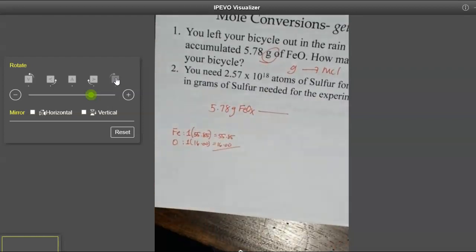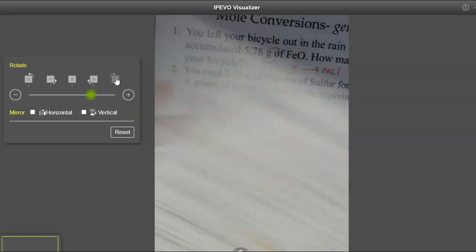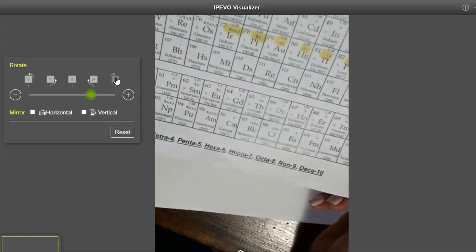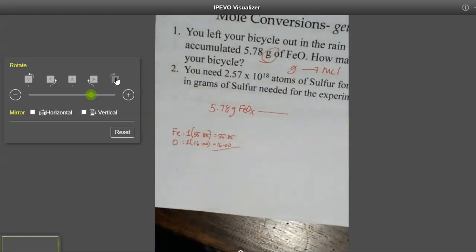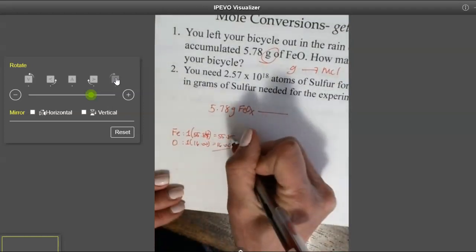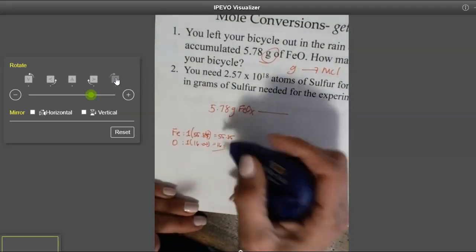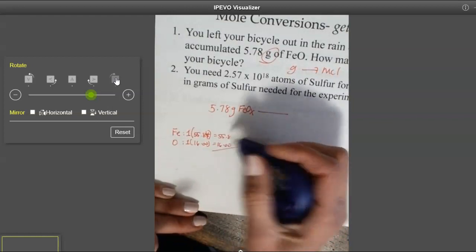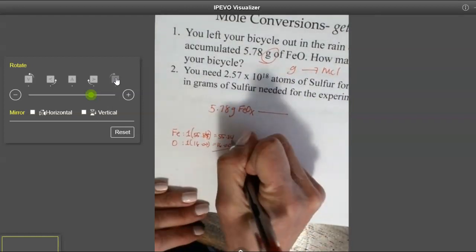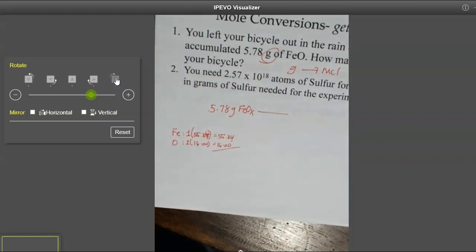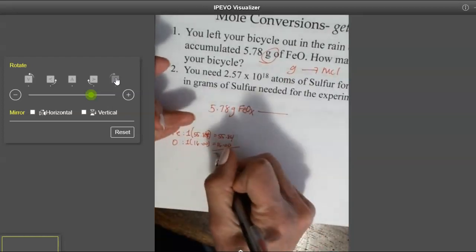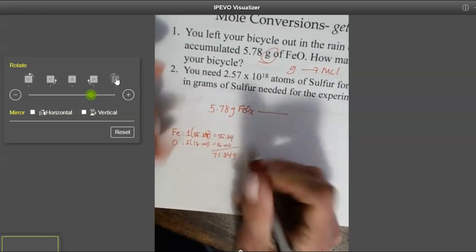Okay, so I'm going to add these two together. 55 point, is it 85 or 84? Let me double check. It's 55.84. Sorry about that, guys. It's that darn 5 rule. Okay, so 55.84 plus 16 will give me 71.84 grams.